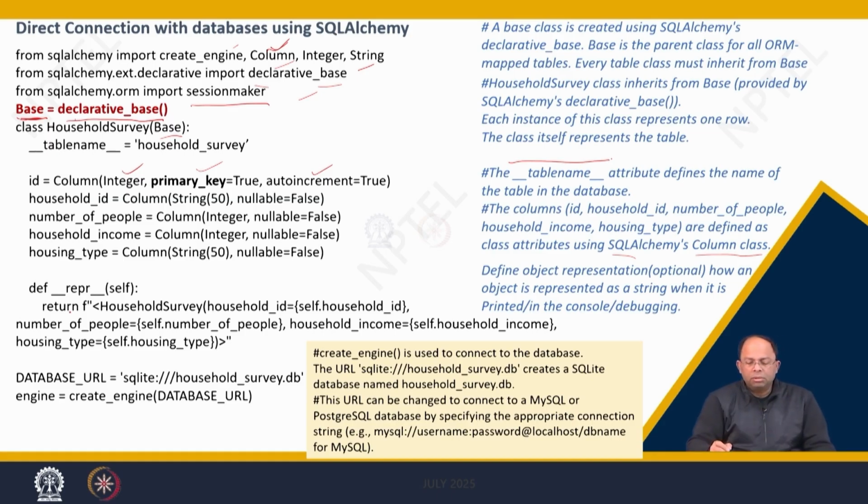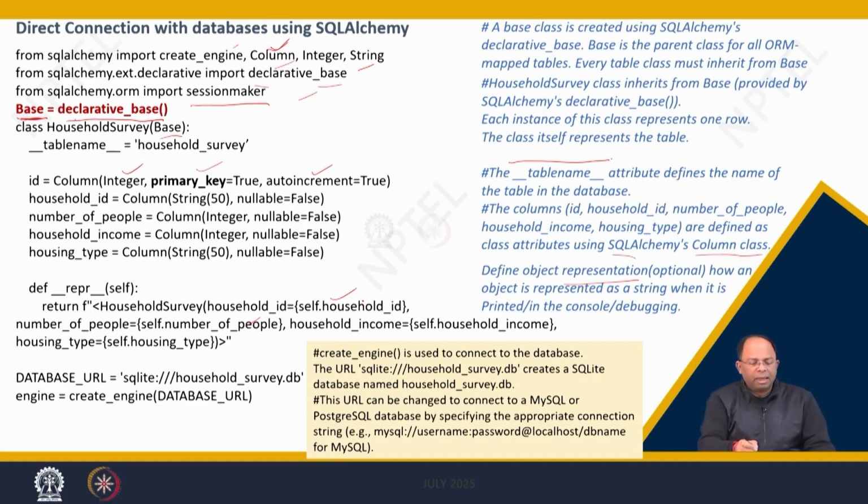Then coming to this def __repr__(self), this is defining the object representation. This part is optional, but it determines how your data set, how your column self.household_id, self.number_of_people would be displayed on the screen or when you are printing them.